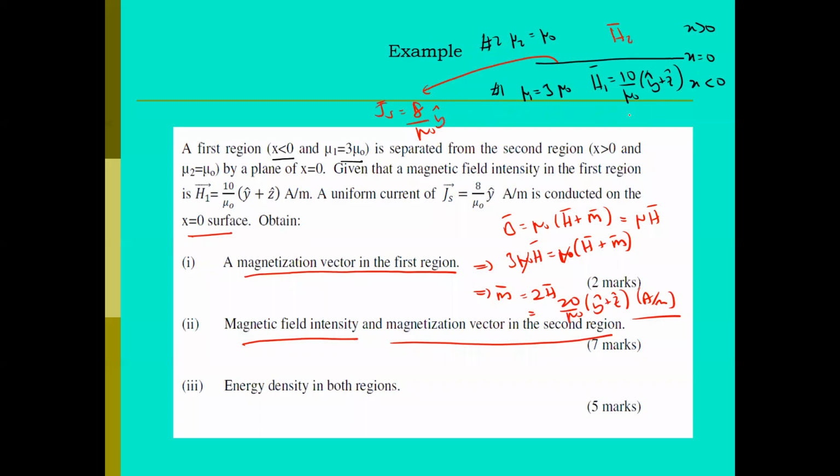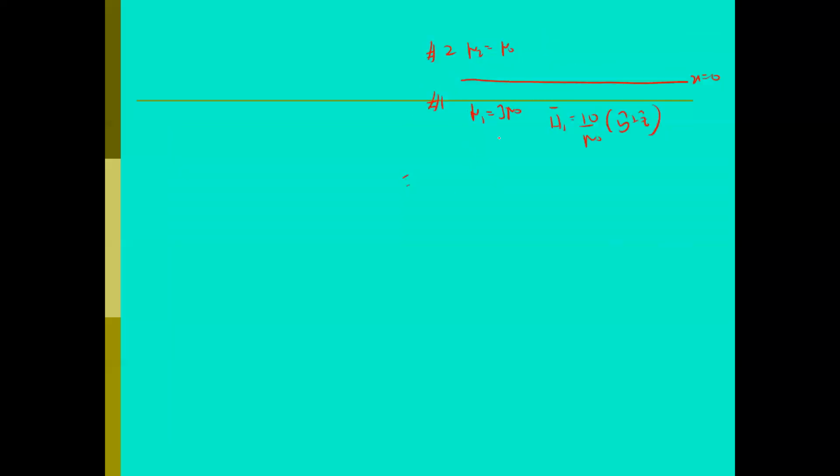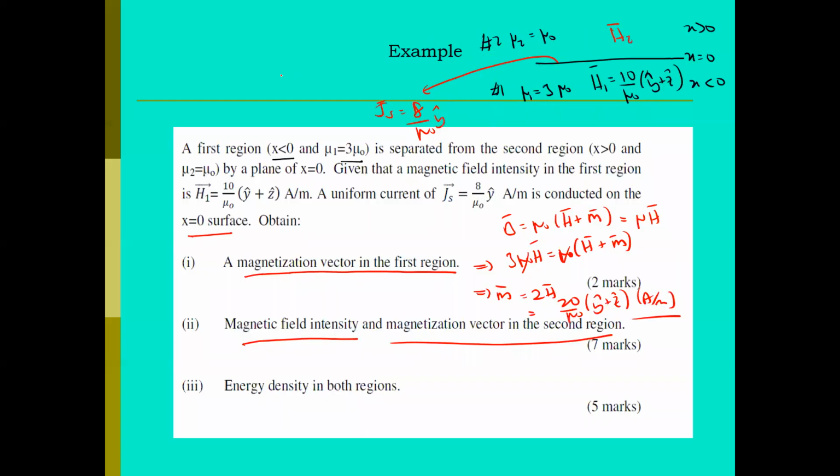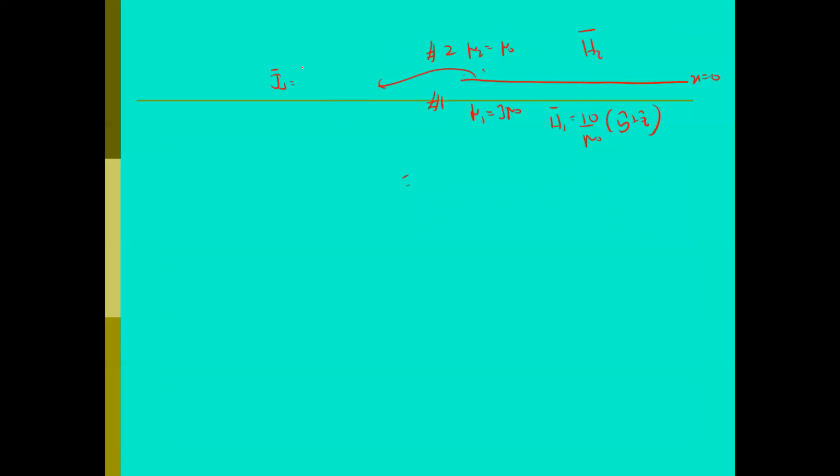Okay, so we have H1 just now equals 10 over mu naught y plus z. So, is it correct? Yeah. Right, and we need to find out what should be the H2. What should be the H2? That should be the question. And remember that there is a Js which equals 8 over mu naught of y.